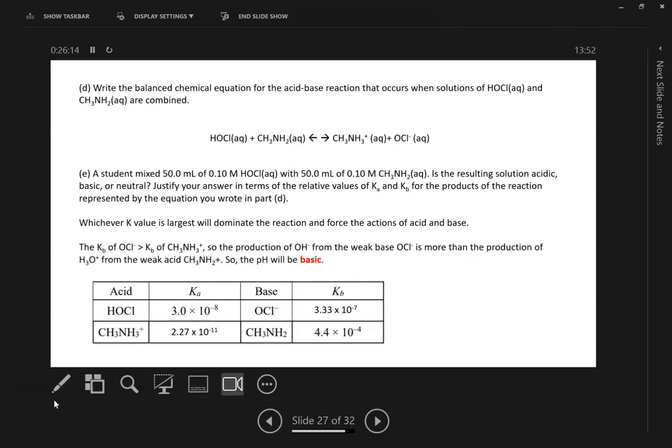Since we know that, the production of OH minus from the weak base OCl minus is more than the production of H3O plus from the weak acid CH3NH3 plus. So on the basis of just comparing the Ks, the pH of this solution will be basic, greater than 7.